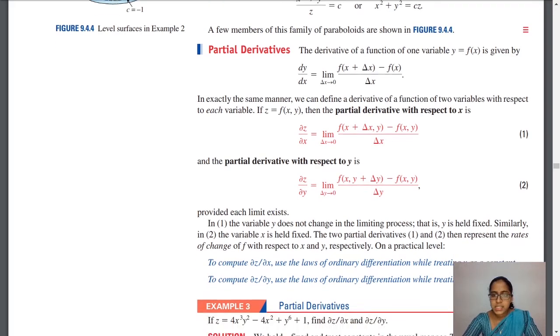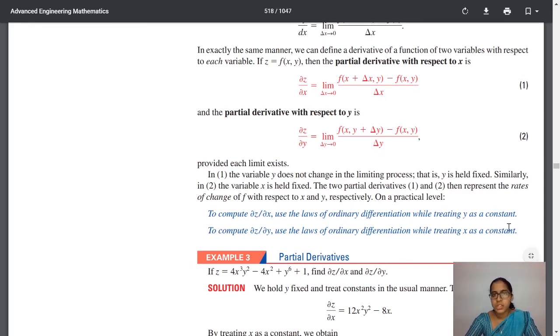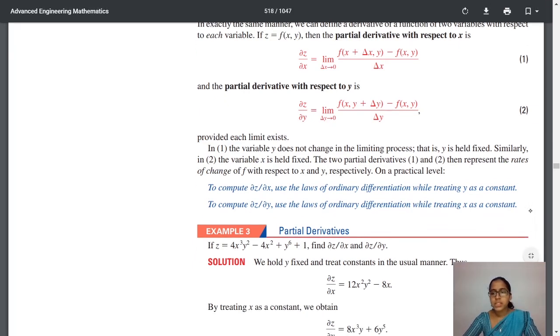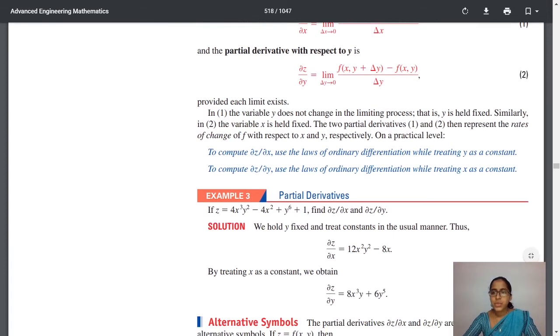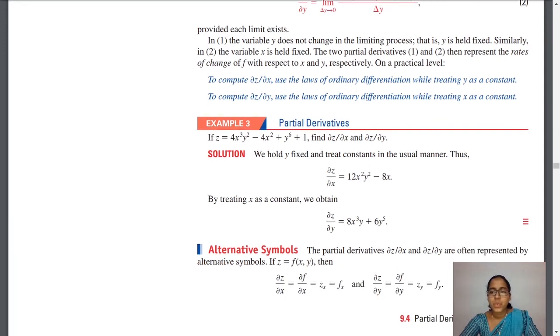So to compute dou z by dou x, we are using normal laws of differentiation while treating y as a constant. Whenever we are asked to find the partial derivative with respect to x, we have to treat y as a constant, and when we have to find the partial derivative with respect to y, we have to treat x as a constant. So dou z by dou x is the partial derivative with respect to x, and dou z by dou y is the partial derivative with respect to y.